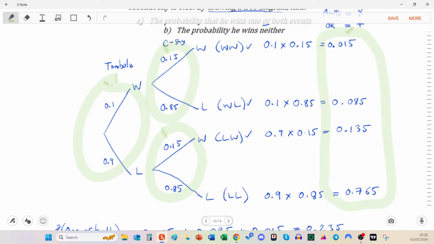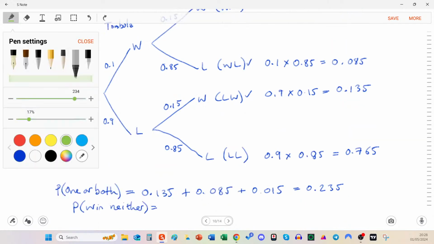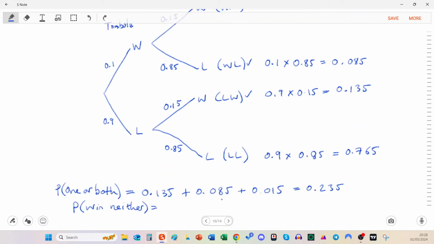So if we know 3 of them, because we just found this was 0.235, then we can just simply do 1 take away 0.235, and that will give us our 0.765.